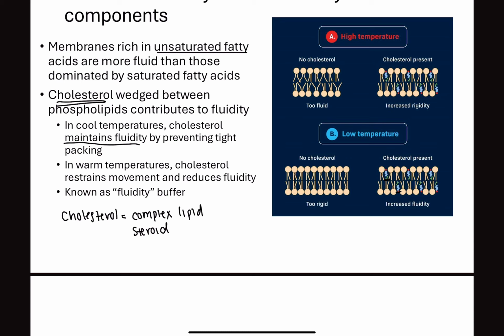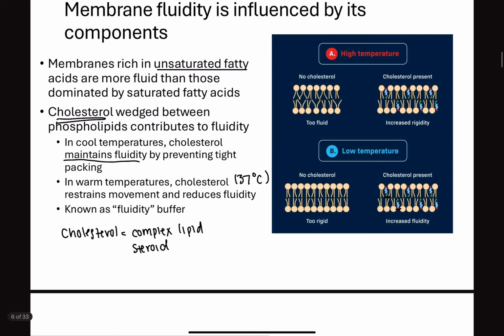But as our temperatures increase and it gets warmer, for example, like 37 degrees Celsius, cholesterol is going to restrain the movement of phospholipids and then reduce its fluidity. That's why cholesterol is known as a fluidity buffer for the membrane, because it's able to resist changes in membrane fluidity as temperature changes.